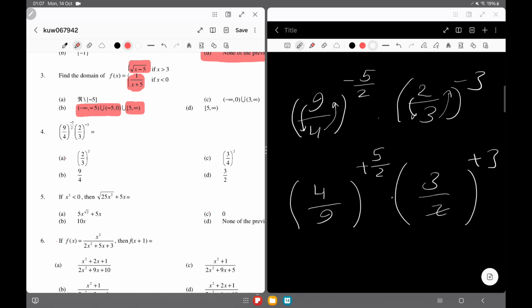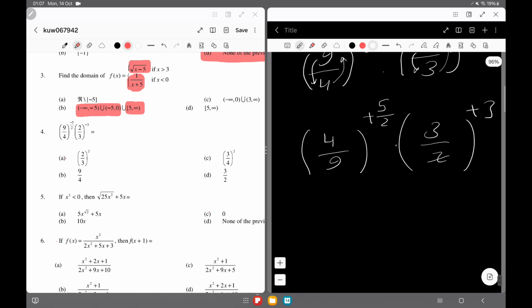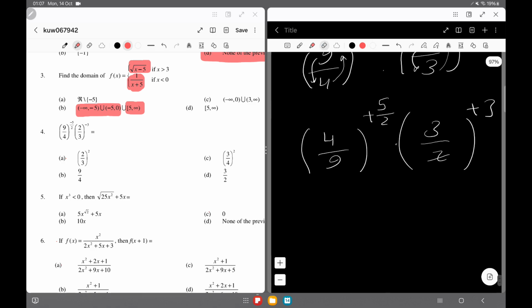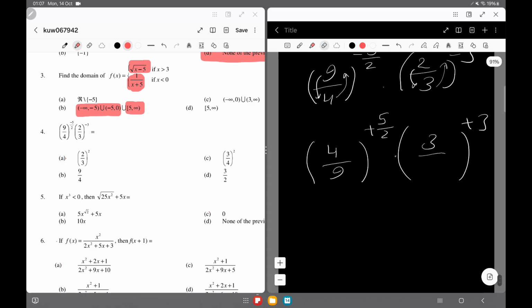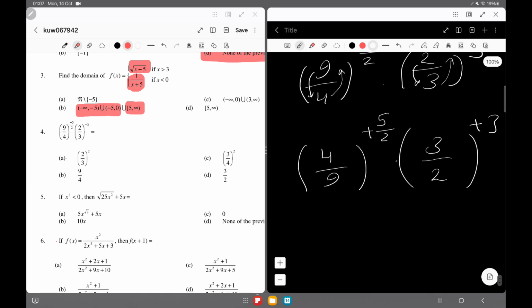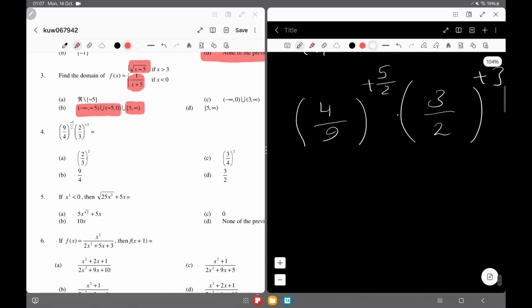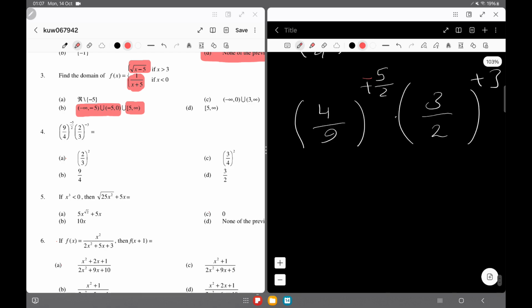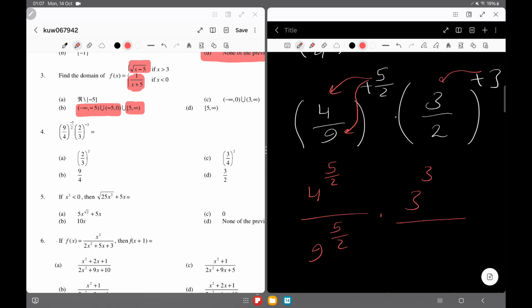I'm sure you remember this. So we will complete: 3 over 2, this is 2. The first thing, we will distribute this power. It will go with up 5 to the power 5 over 2, down 9 to the power of 5 over 2, up 3 to the power of 3, down 2 to the power of 3.